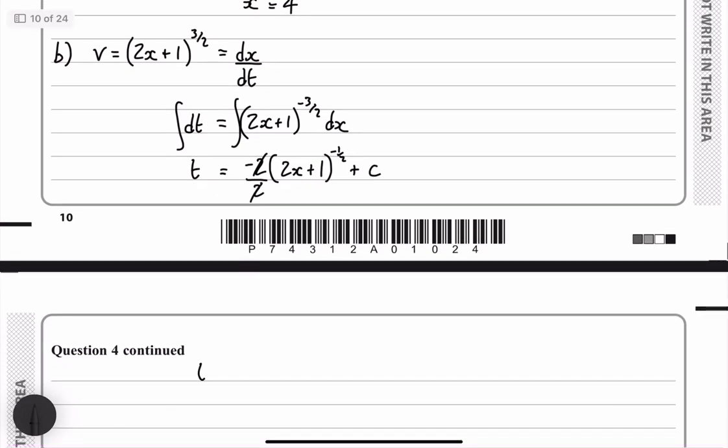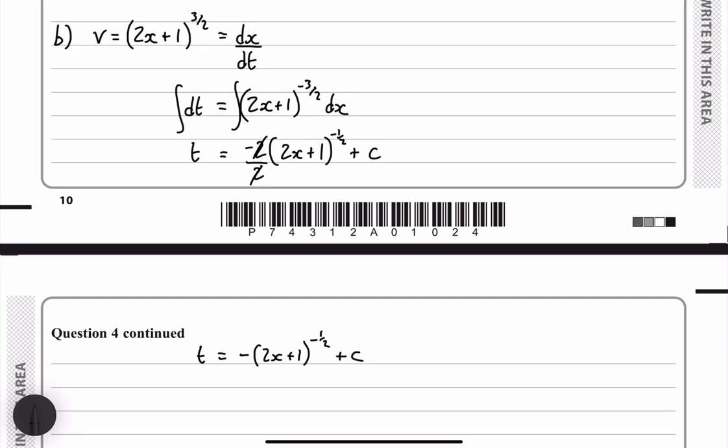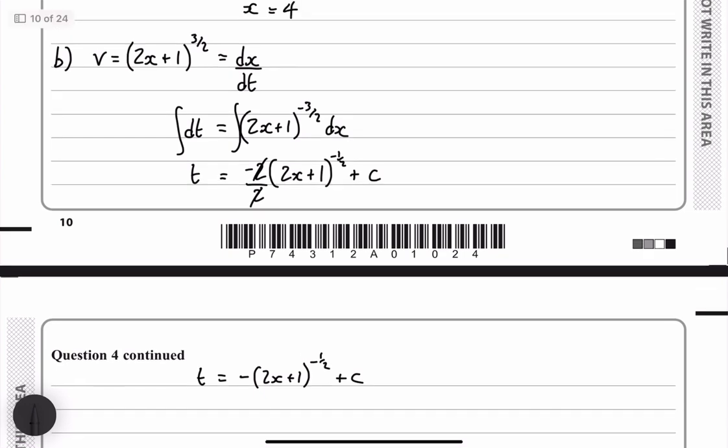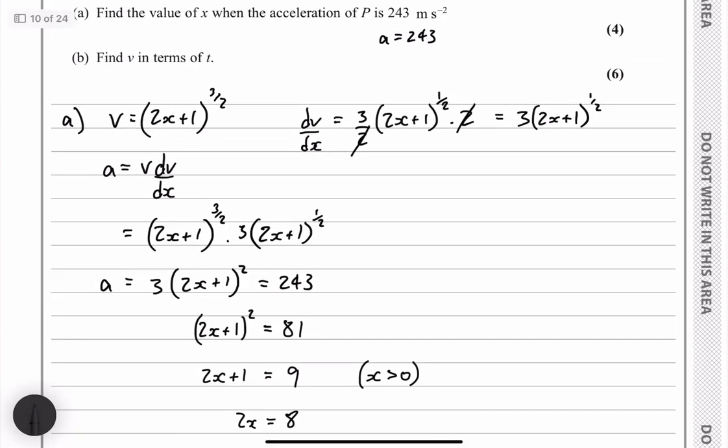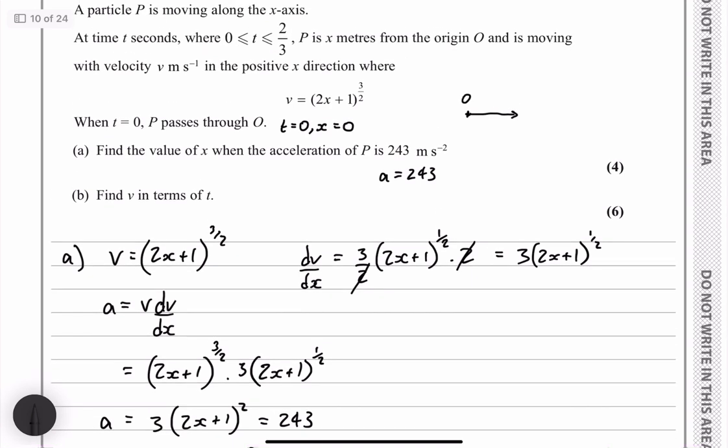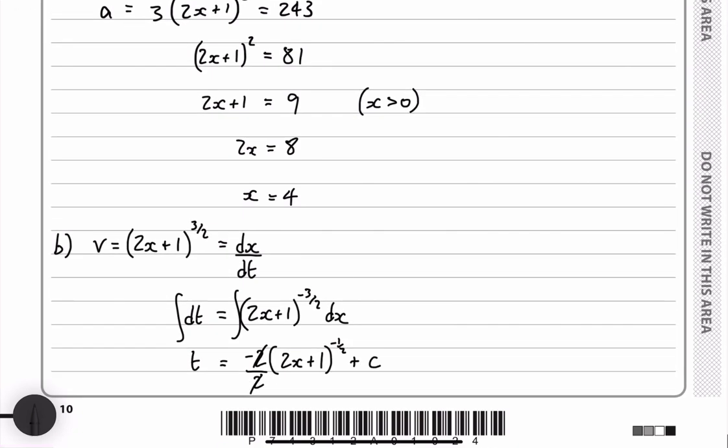So we get t equals minus (2x plus 1) to the minus a half plus c. And to double check, I just take a moment to differentiate that in my head to make sure it gets us back to where we started. I think it does. We need to deal with this boundary condition though, the c. We know from the question up here, t equals 0 when x equals 0.